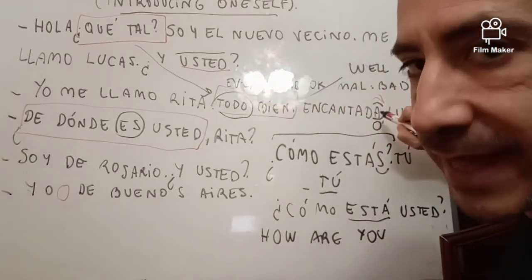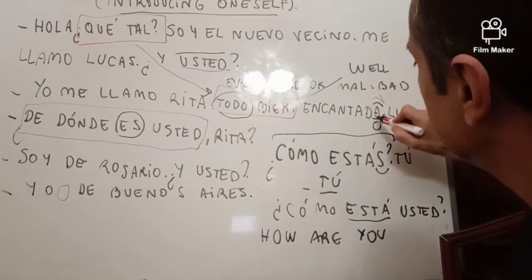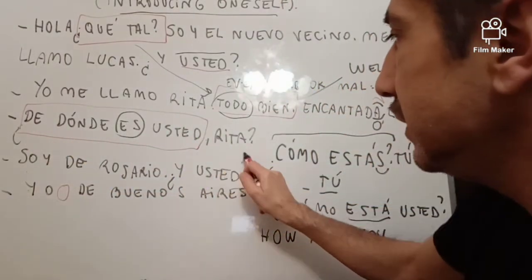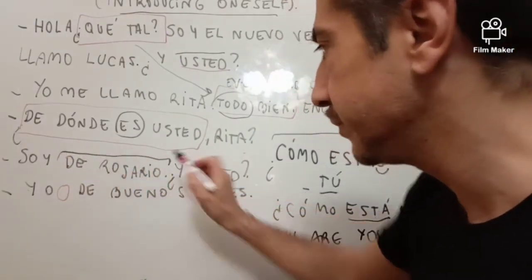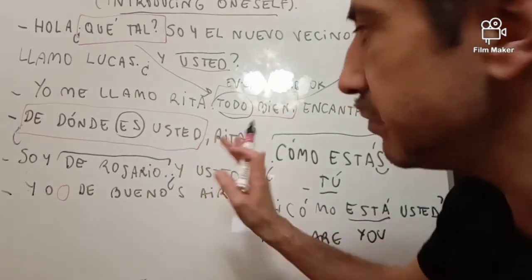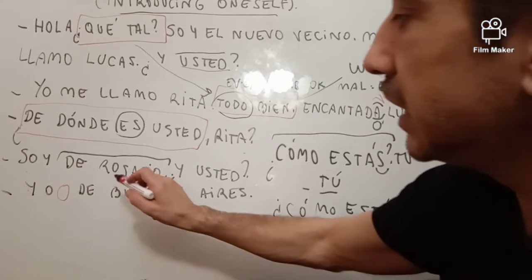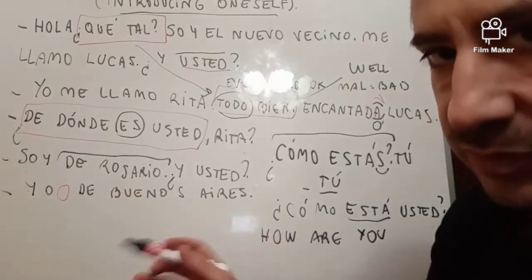If it were a man, he'd say encantado. ¿De dónde es usted, Rita? Soy de Rosario. Well, I guess you can figure out what this question is, but in case you don't, I'm going to put a more popular name here so that you understand.